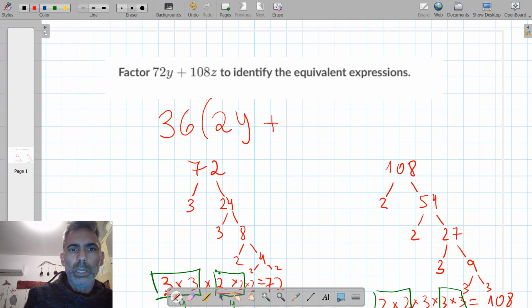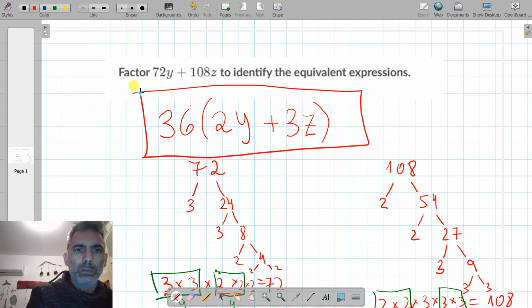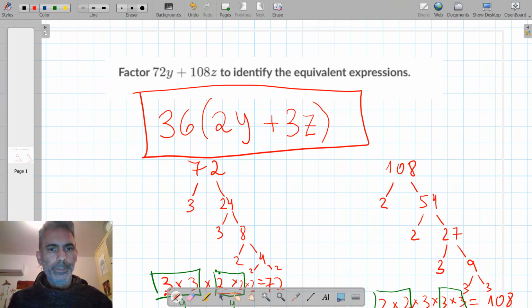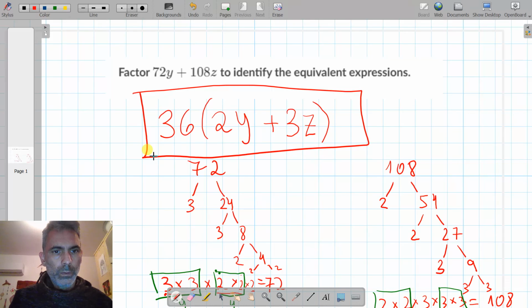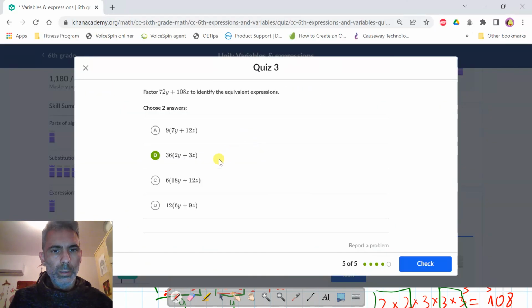So 108 divided by 36 is 3, and z. So 36 times 3z, we go back to 108z. So this is the factored expression: 36 times 2y plus 3z.